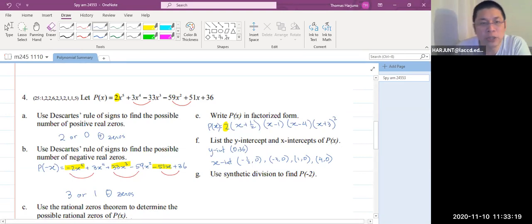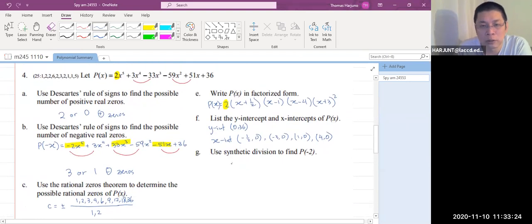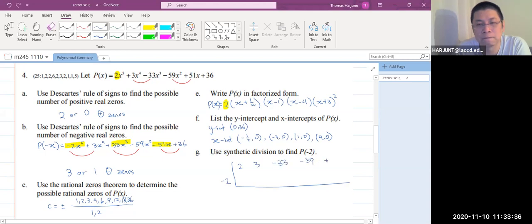Part G, use synthetic division to find p of negative 2. We will use the remainder theorem. So using synthetic division: negative 4, negative 1, 2, negative 31, 62.